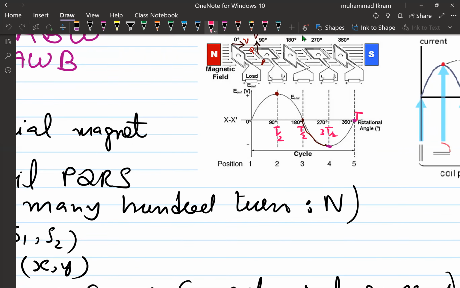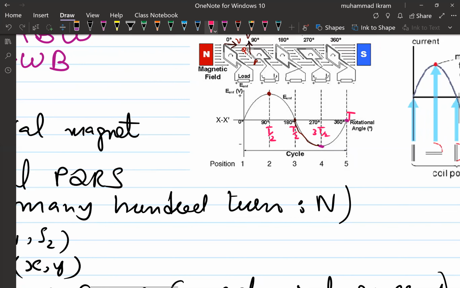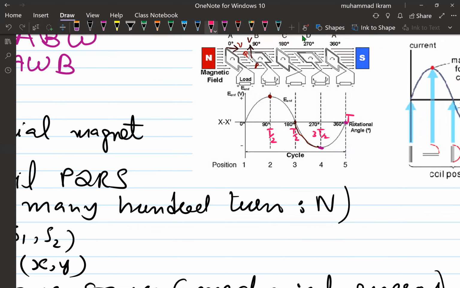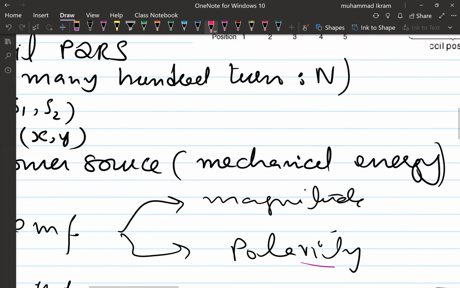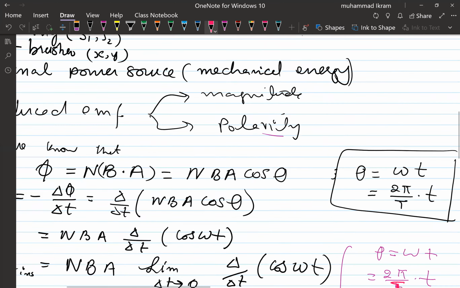So just in the same way, this is T, so it corresponds to 2 pi, this corresponds to pi, this corresponds to pi by 2, this is T by 4, and this will be 3 pi by 2, so this is 3T by 4, very sorry for that.